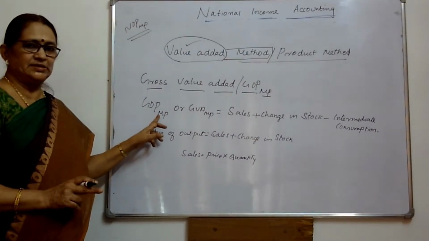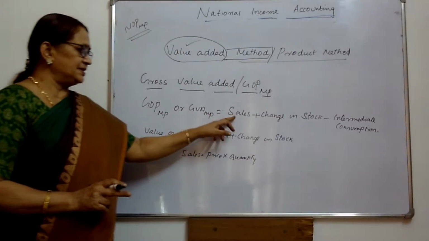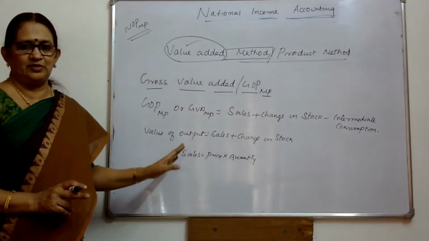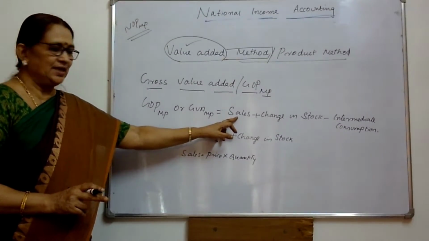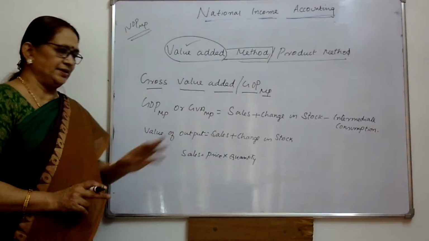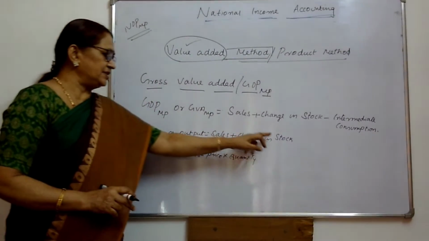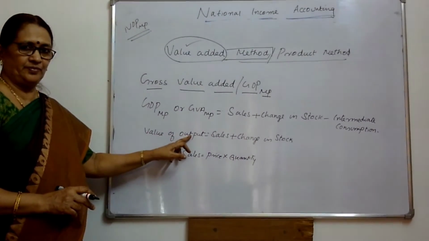How do we calculate GDP at market price or gross value added at market price? It is sales plus change in stock minus intermediate consumption. To calculate the value of sales, it is price into quantity. Then by calculating sales plus change in stock, we get value of output.